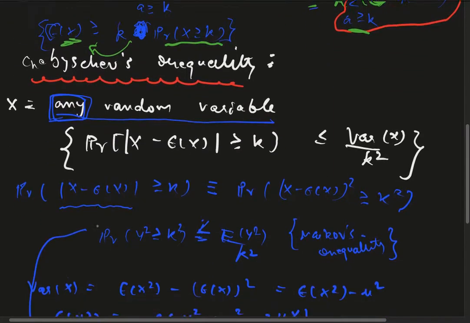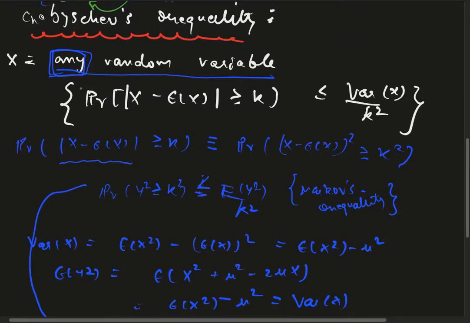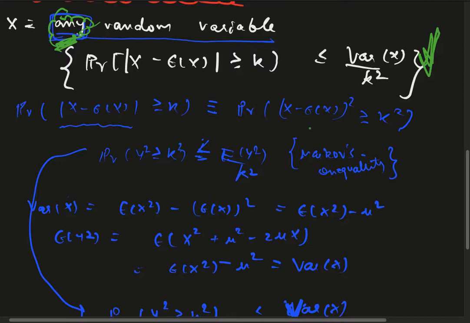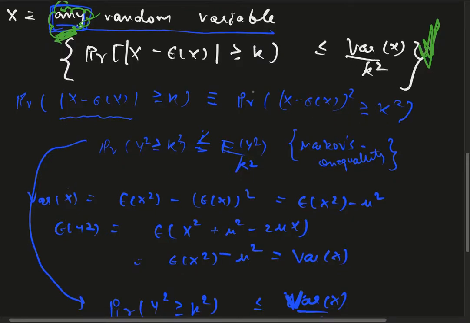So this is Markov's inequality. Chebyshev's inequality, the important point to note is that while Markov's inequality was true for only non-negative random variables, Chebyshev's inequality is valid for any random variable. The statement is this, and the derivation is pretty simple, where we equate this probability to the probability of square.